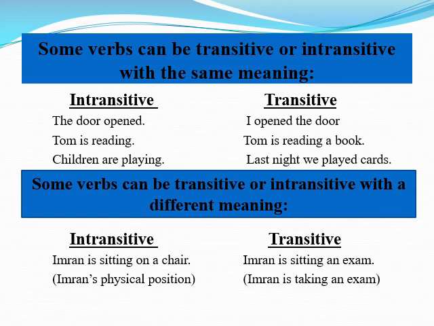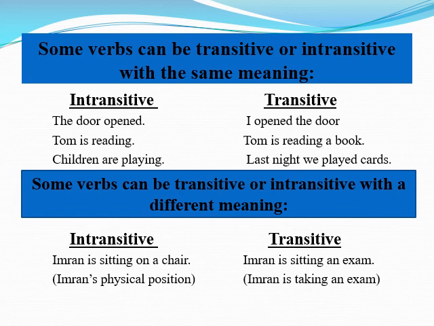So there are some verbs that can be transitive or intransitive with a different meaning. There is one example with the verb sit. In intransitive use we can see Imran is sitting on a chair, and the meaning simply describes the physical position, sitting on a chair. But the transitive meaning of sit is very different.